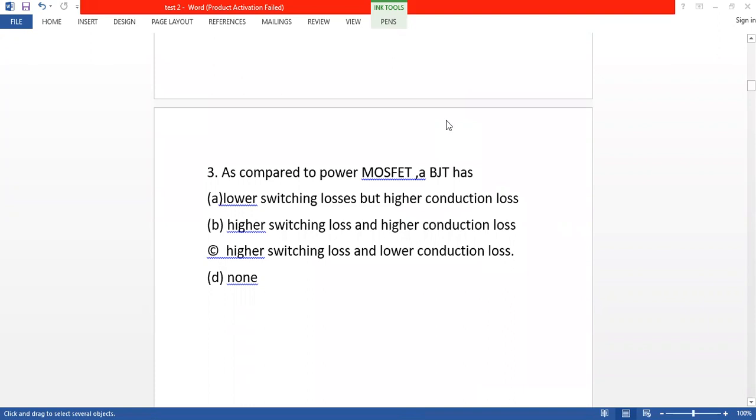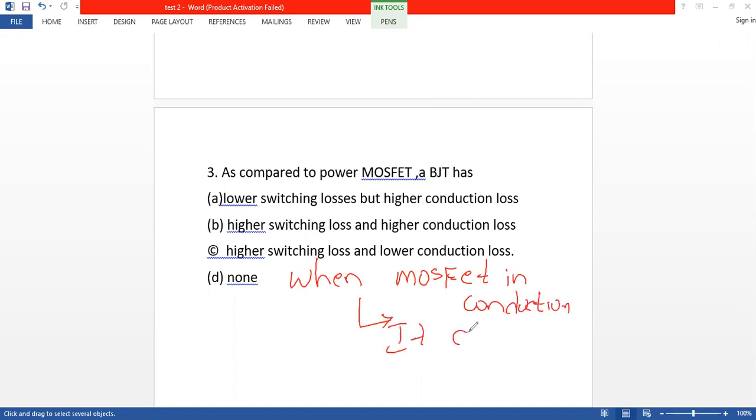As compared to a power MOSFET, a BJT has... It is a good question. Here they are asking about losses, switching losses and conduction losses. When a MOSFET is in conduction, it acts as a resistor.